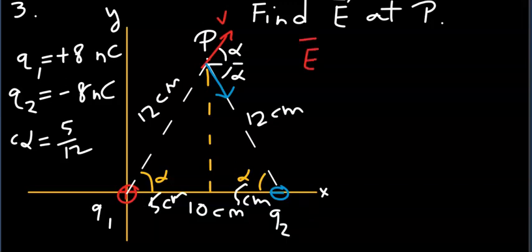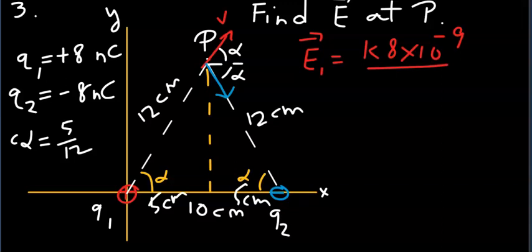Let's calculate this field first, due to that positive charge. The electric field due to the positive charge, let's call it E1, is K, the constant, 9 times 10 to the power 9, times the strength of Q1, which is 8 times 10 to the power minus 9, nanocoulomb. Now we are calculating electric field, so there's only one charge on top, not product of charges.